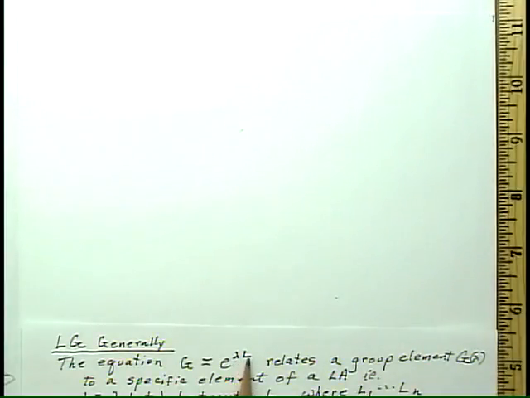It's just convenient to separate out one factor of lambda that we say parametrizes the transformation.